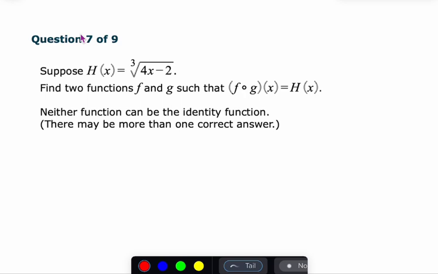Now, in this last example, it says find two functions f and g such that when we compose them, we get the function that's there. So this is what I think about when I do a problem like this. This one is stuck inside. I'm so sorry, my Apple Pencil has broken, so my handwriting's worse than normal even.